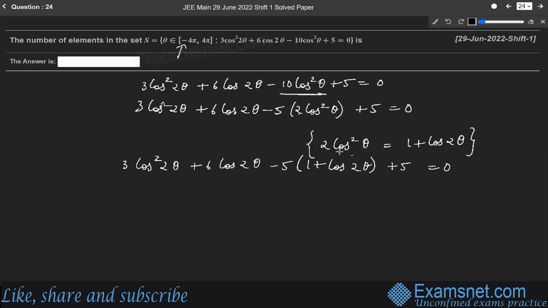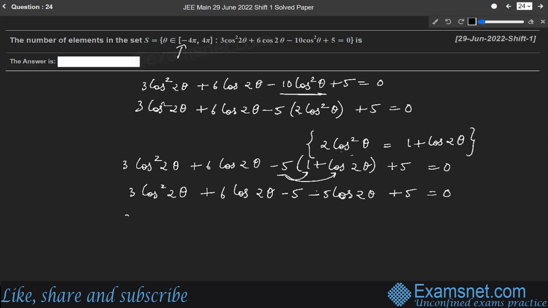So now this will be equal to 3 cos square 2 theta plus 6 cos 2 theta. When we multiply with the bracket, it will be minus 5 minus 5 cos 2 theta. Minus 5 into 1 is minus 5, and minus 5 into cos 2 theta is minus 5 cos 2 theta, and plus 5 is equal to 0.